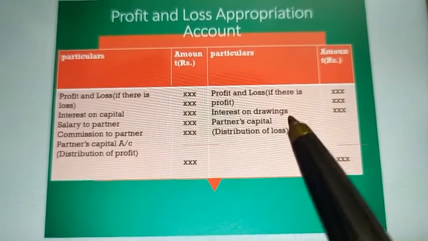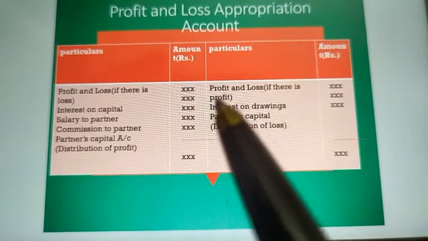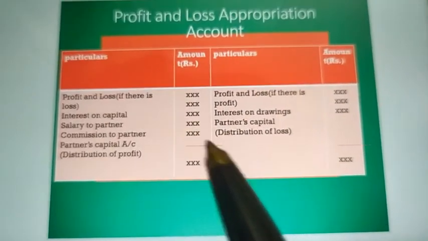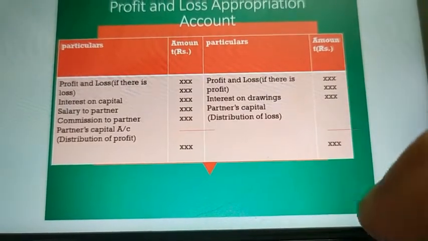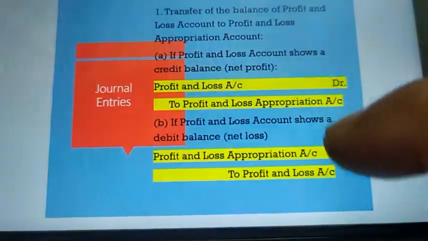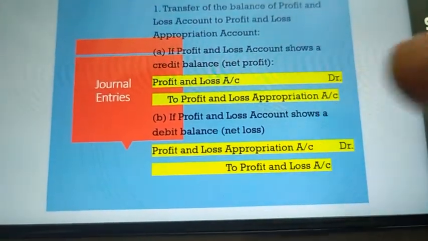It has to be prepared right after the profit and loss account, and after preparing the profit and loss appropriation account, we prepare the partners' capital account. So here are the various journal entries in relation to the profit and loss appropriation account.